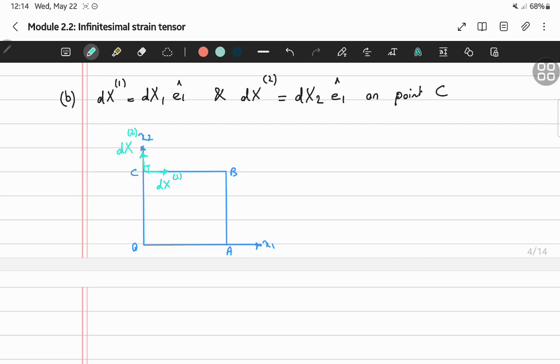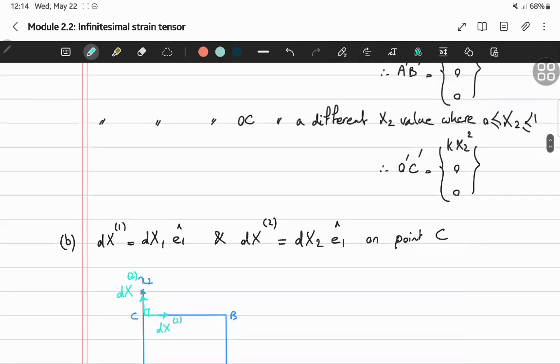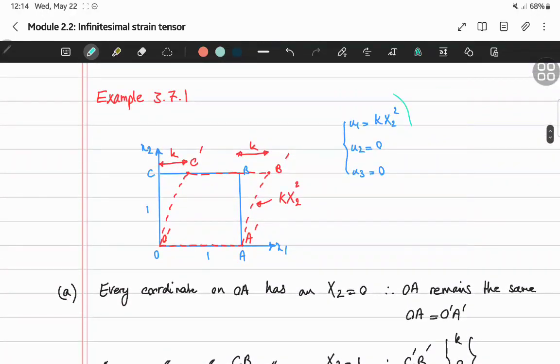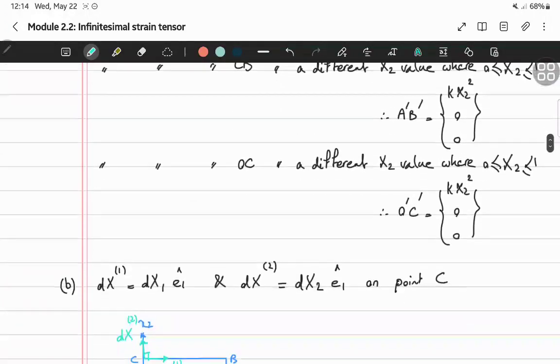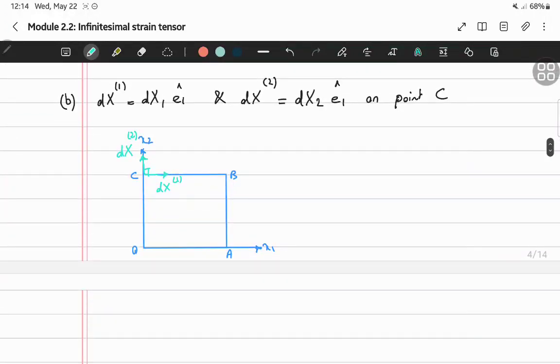So these are orthogonal in the reference configuration, and we want to see how they change under this deformation, in the current configuration. So that's why the book recommended using dx1 and dx2 in here.